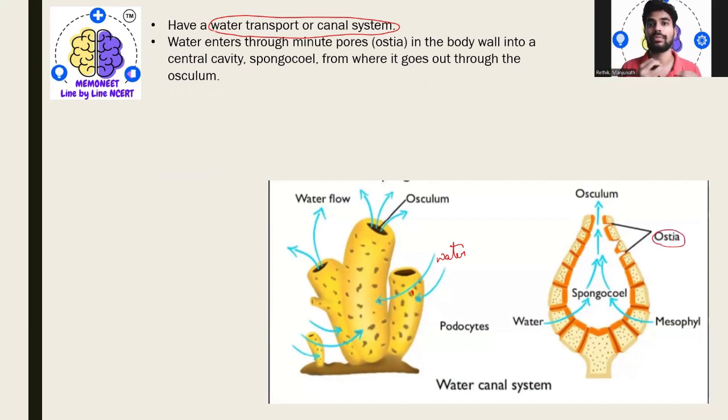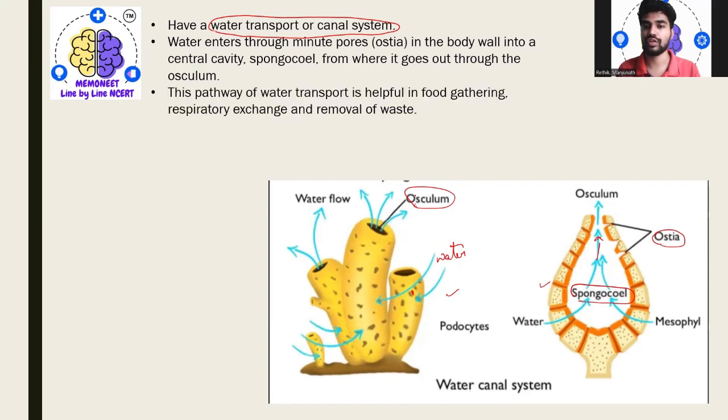The water enters through the minute pores in the body wall, then into the central cavity, which is called the spongocoel. From there, the water goes out through the osculum. This is how water transportation happens in the body of Porifera.